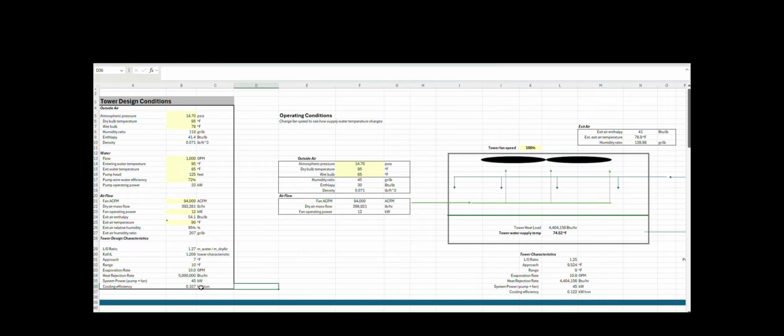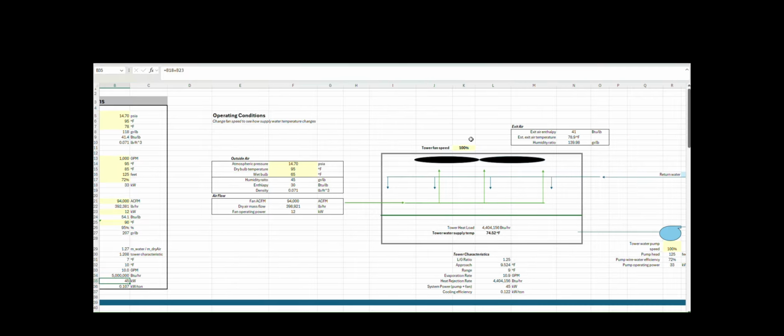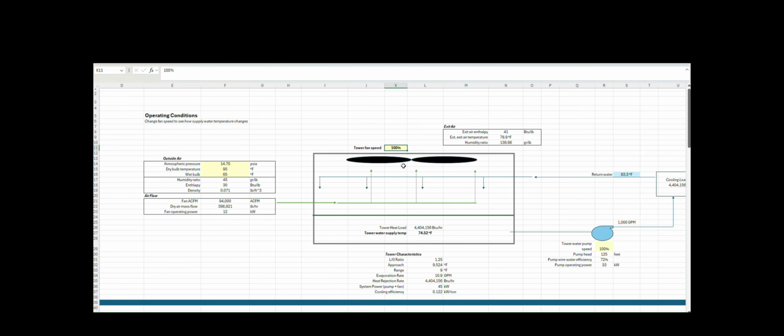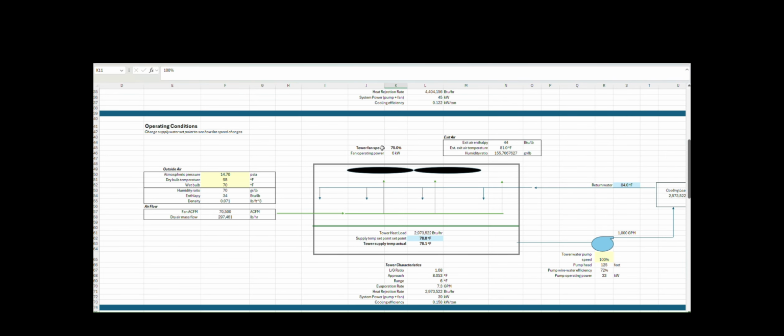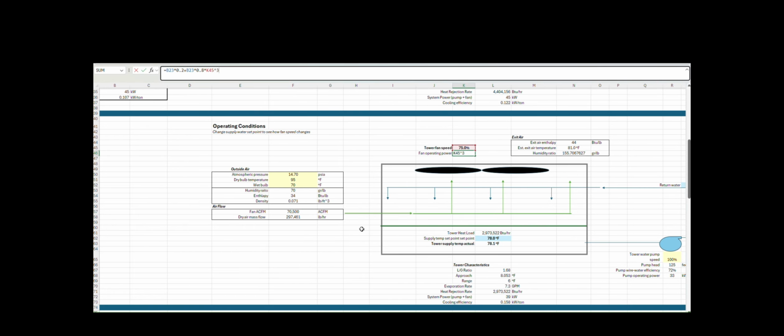And then what we're also doing in this spreadsheet is we're looking at the power of our pump and fan. We haven't talked about that a lot, but you can assume generally that a fan is going to follow the affinity laws, where the power that the fan consumes is going to be cubically proportional to the speed that it runs at. So we're doing that more down here. I'm trying to take more of a realistic approach.